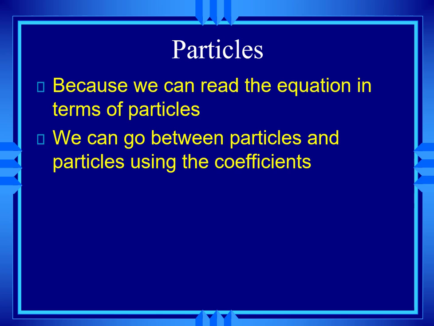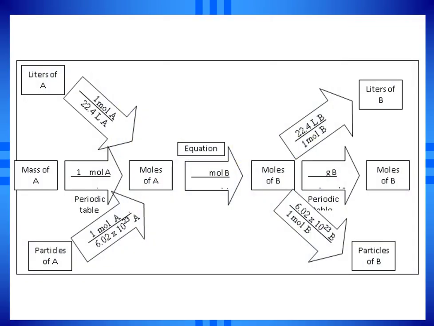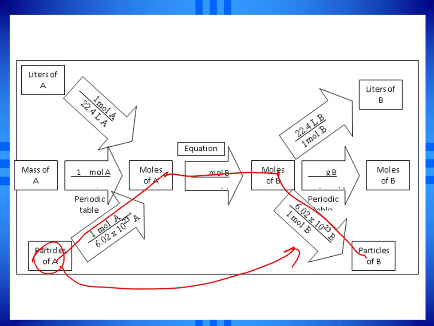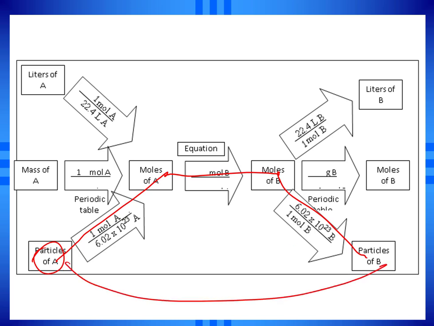So that means on our diagram, we have another shortcut. Last one we did molecules to moles to moles to molecules. But now I just said, we can go straight from here to here, using the numbers out of the equation.